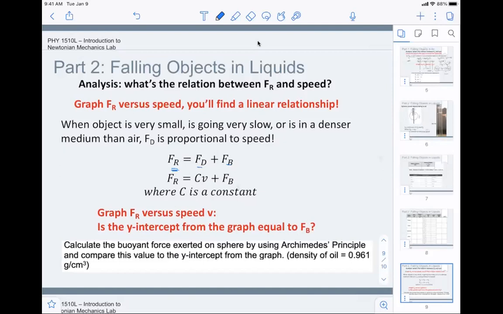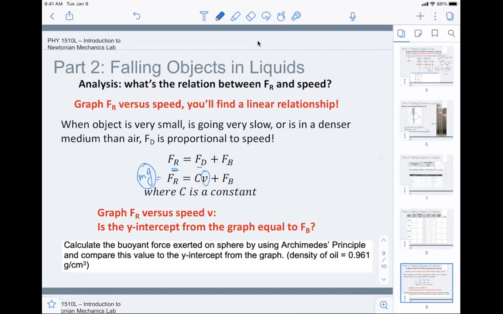So you will do a graph. Again, you will measure the weight of these different spheres, because F of resistance is equal to its weight, right? So you measure the weight and you time it so that you measure the velocity.